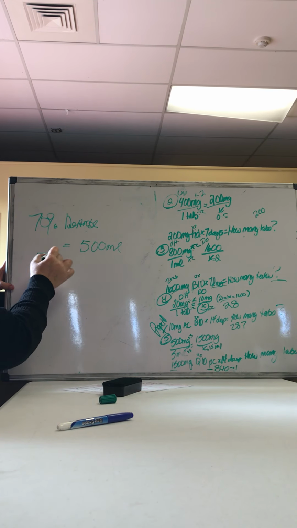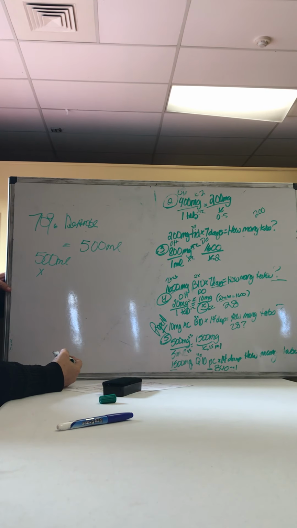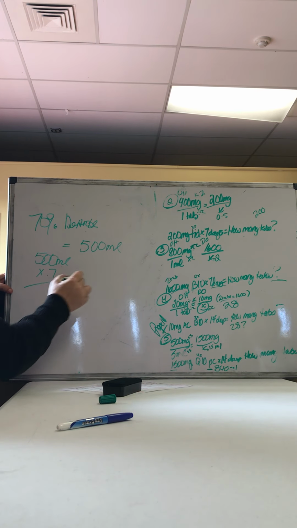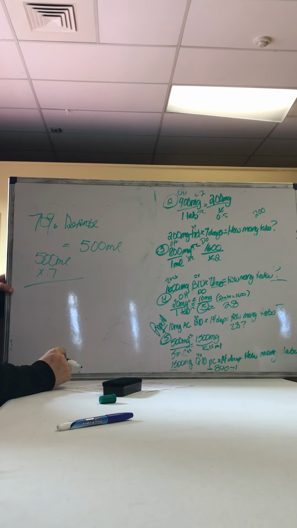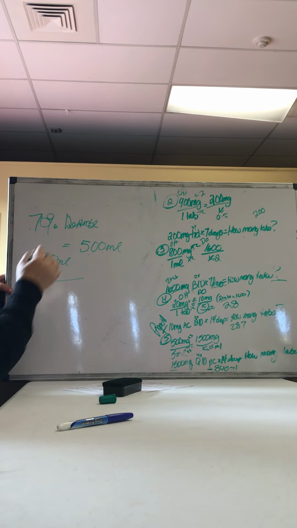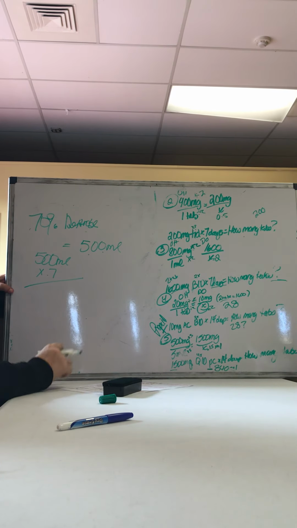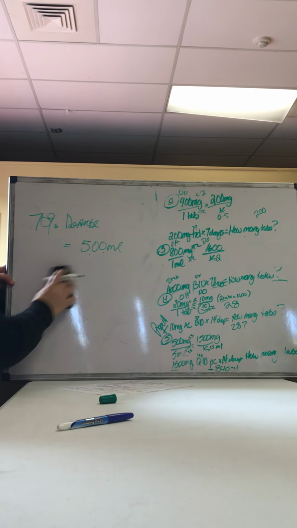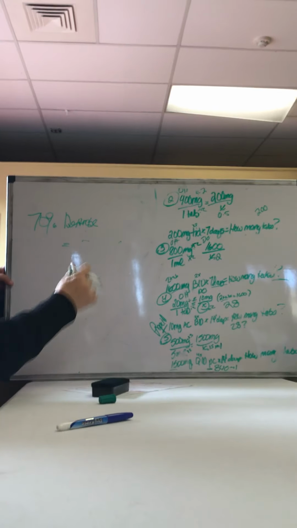If we have 500 milliliters back there, we know that 70% of it is dextrose. So we can just times 500 by 0.7, and that gives you your answer. You can always just make this a decimal and times it by whatever they give you to tell you how much dextrose is in it. So we'll do it that way.